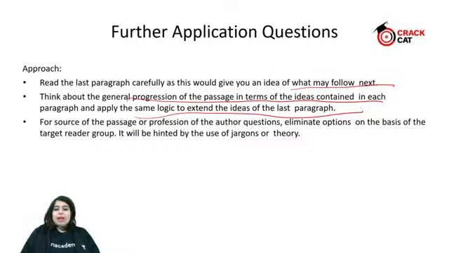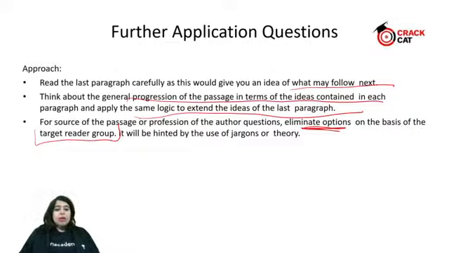Now, for the source of the passage or profession of the author, eliminate options on the basis of the target reader group. It will be hinted by the use of jargon or theory. So try to think about who the target reader group could be, right? Could it be students of science, or students of history?